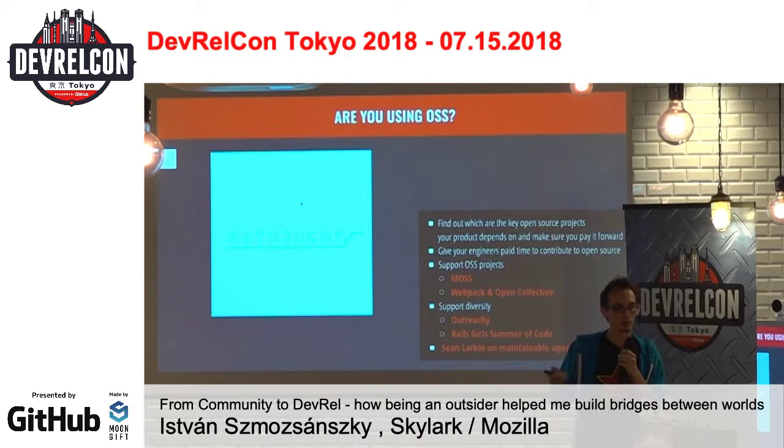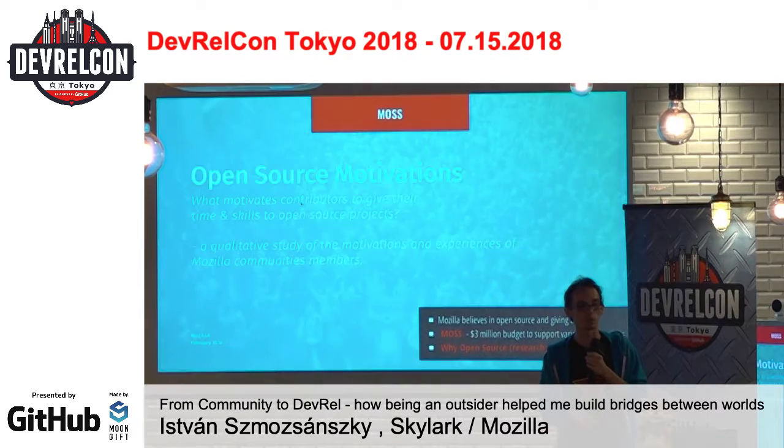If I had to wrap it up, I would say, find out if you are using open source, and this is a trick question, because I have just said that you probably are. Just dig down deeper and figure out what you are using open source for, and figure out a way to pay it forward, how to support those communities. There are a bunch of links and examples that you can use. I have some examples from Mozilla.